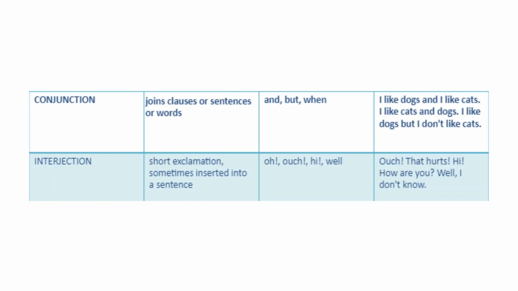In that as well, you cannot use the interjection. The usage of interjection is to express short exclamation. Sometimes it is inserted into a sentence. The expressions like oh, ouch, hi, and well are considered as a part of interjections.